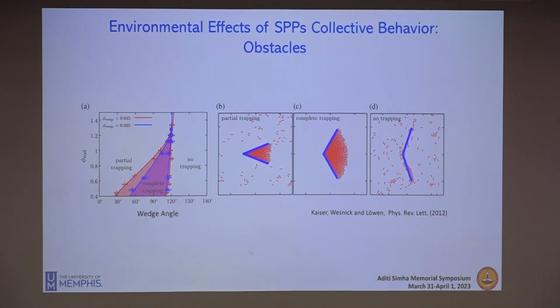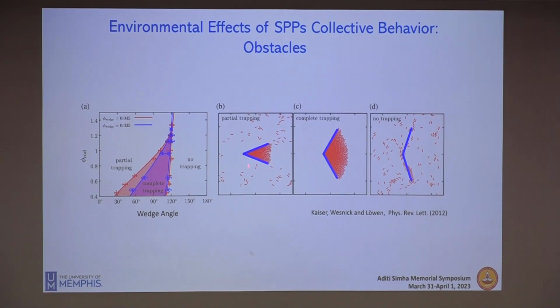Another interesting example of an environmental effect on collective behavior in active matter is obstacles. These are just wedge obstacles, based on the work done by Lowen and his group.